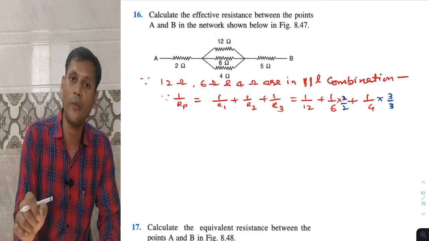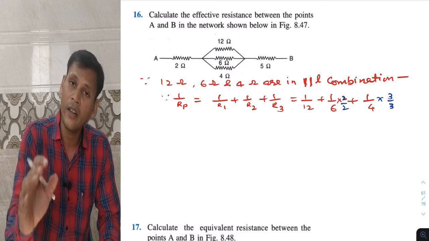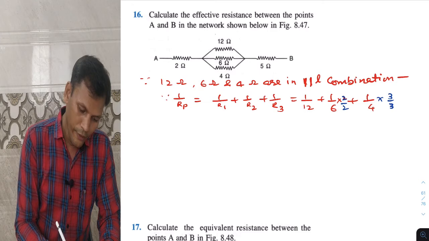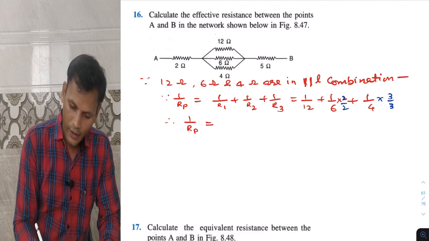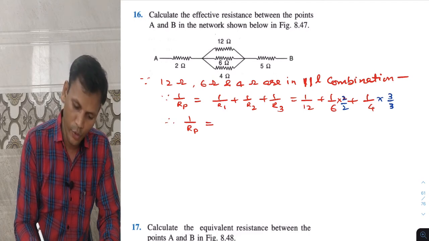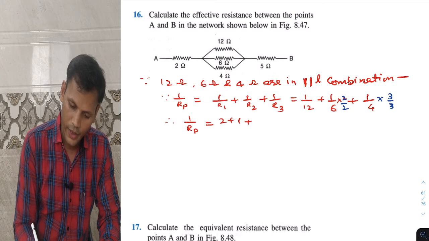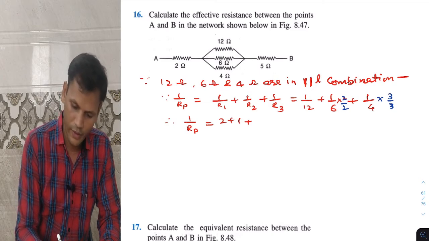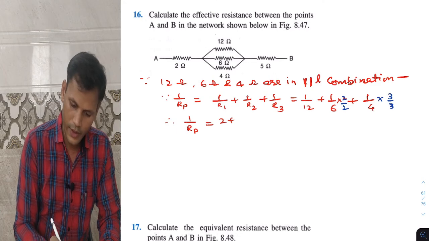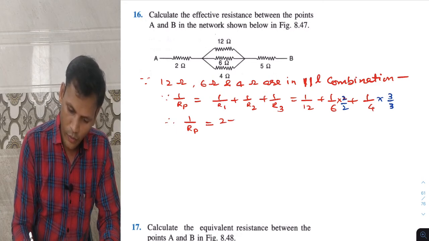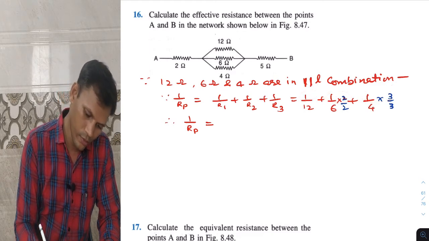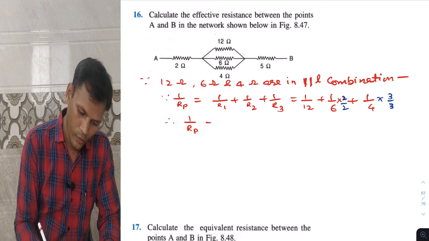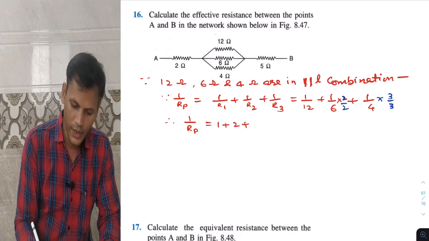For making the same denominator, I am multiplying and dividing by the same number. So we will get 1 upon Rp equals 1 plus 2 plus 3 upon the denominator, which is the same, 12.